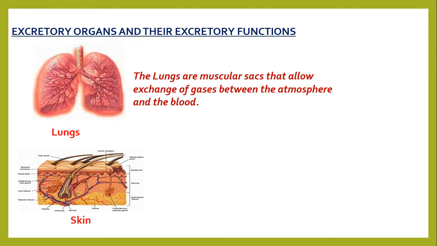Skin. Very good. Now this diagram represents the cross section. That is, if the skin is cut across its length, showing the depth or how deep it is. We call it the cross section of the skin.